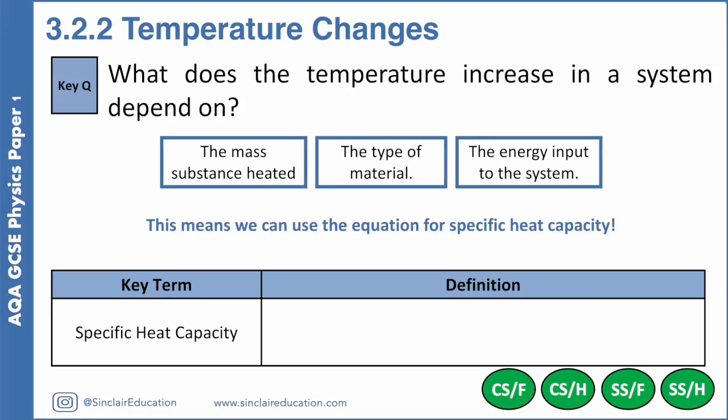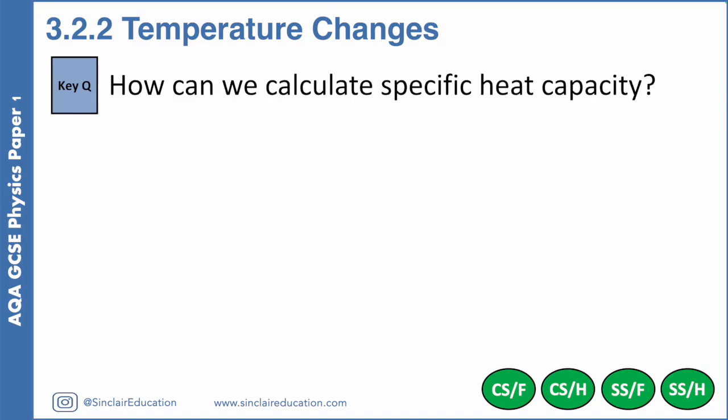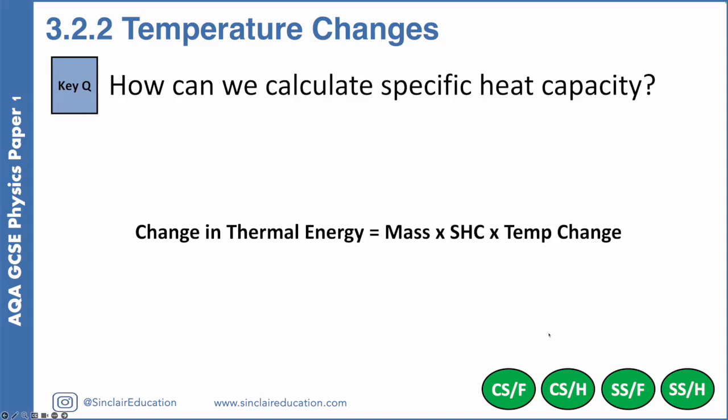So we're now back around to using our equation for specific heat capacity. As a definition, possibly 2 marks, this is the amount of energy that you need to raise the temperature of 1 kilogram of a substance by 1 degree Celsius. To calculate this, we're going to use this equation here.